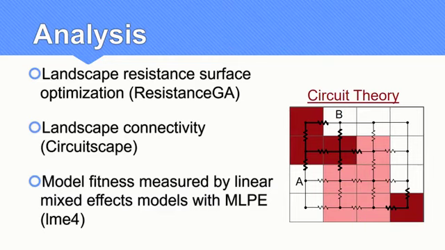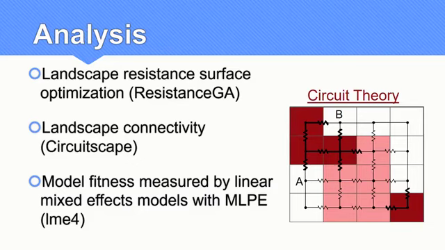Pink is some resistance, and then dark red would indicate the highest level of landscape resistance. And the output is a pairwise measure that incorporates overall landscape resistance to gene flow between study sites. This method is advantageous to the traditional least cost path because it considers all possible pathways between populations.